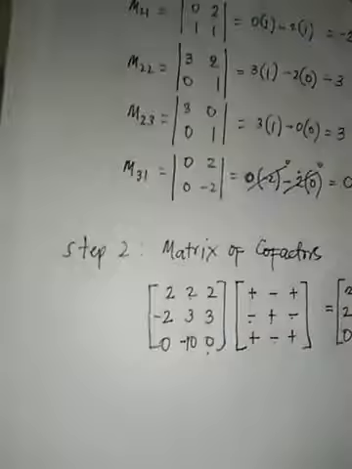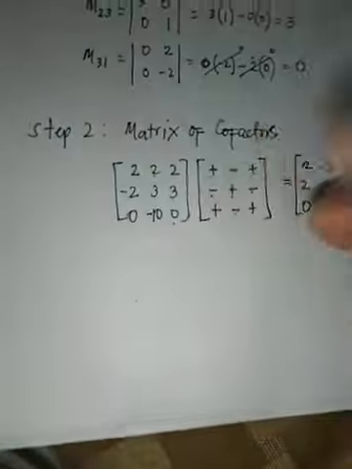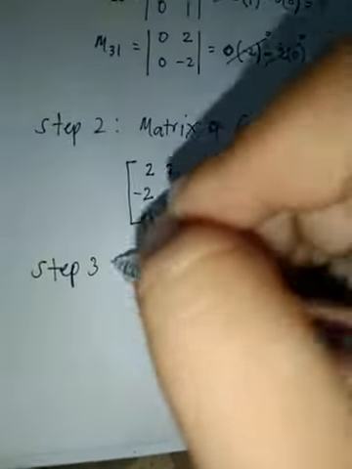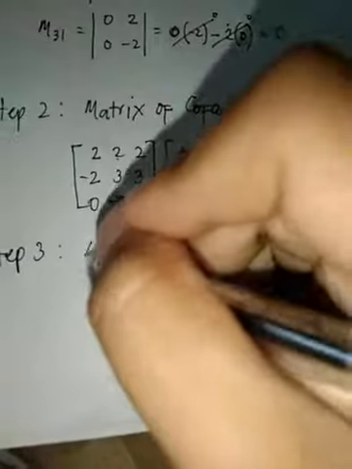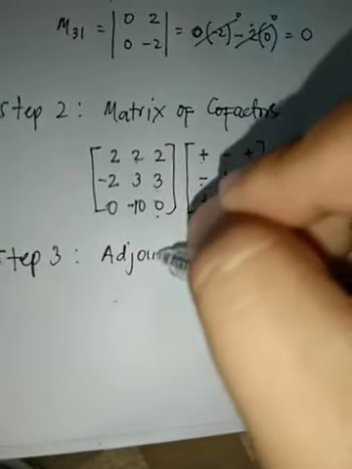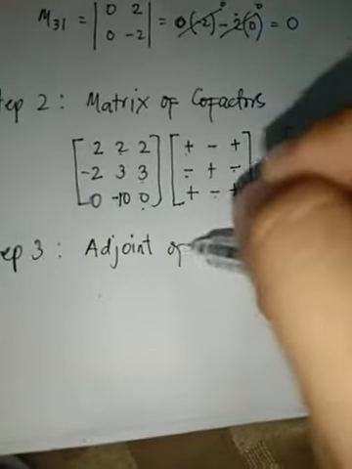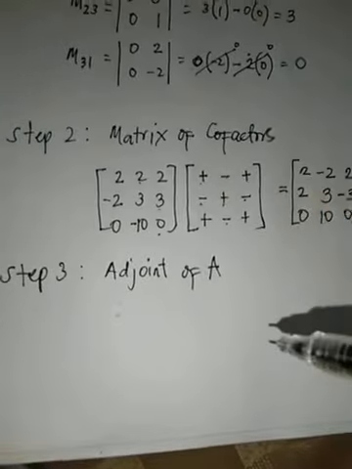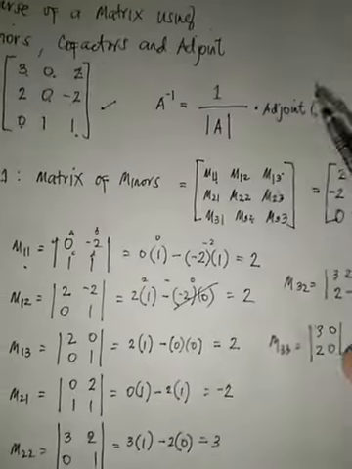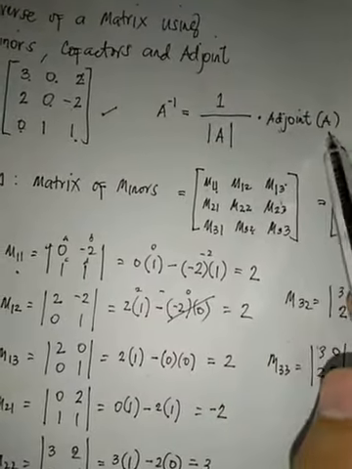So, sa next step or step 3, madali lang din. Kapag nakuha na natin ang matrix of cofactors, makukuha na natin yung tinatawag na adjoint. Adjoint of A. Remember, ang adjoint of A, ito yung formula ha. Yan.